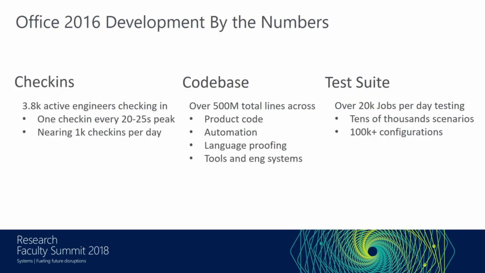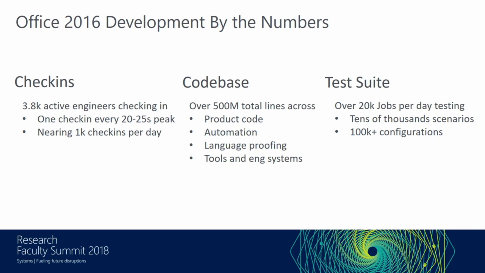Here it is by the numbers. We're slightly bigger than Chef. I was looking at their numbers like, wow, we're quite big. So we have 4,000 developers. We have a check-in every 20 seconds or so. We have 1,000 check-ins a day.